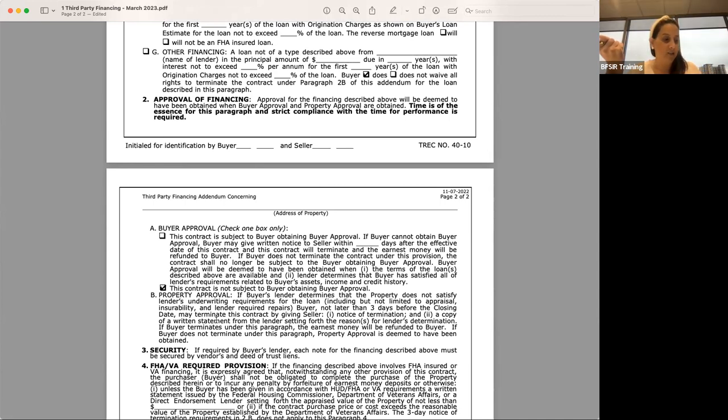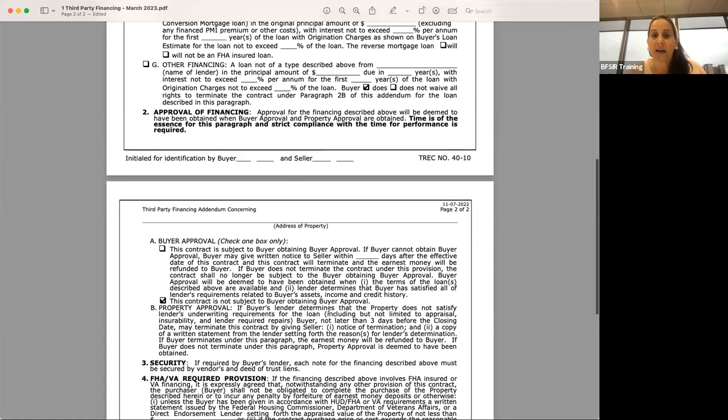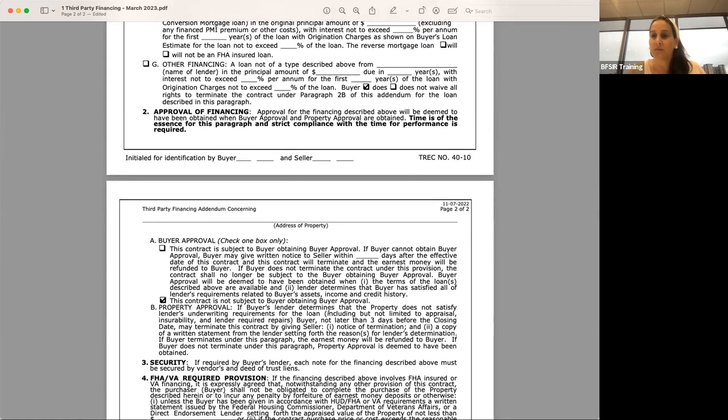You do still have a contingency for insurability or the HOA. So you're not totally waiving all the property contingencies in 2B, but that's basically the best way to do it. That's your strongest offer if you're getting conventional financing and you want to say we're waiving everything as much as possible. Does that make sense?